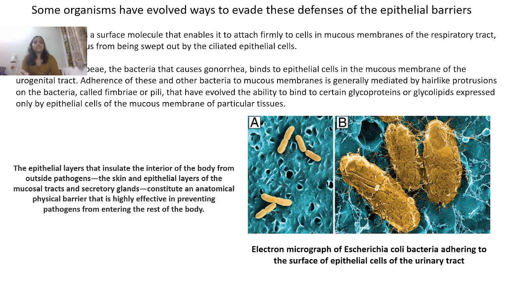So they have evolved these fimbriae or pili to attach, so that they can bypass our immune system and enter into our urogenital tract.